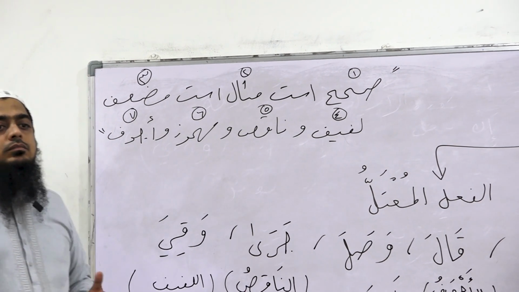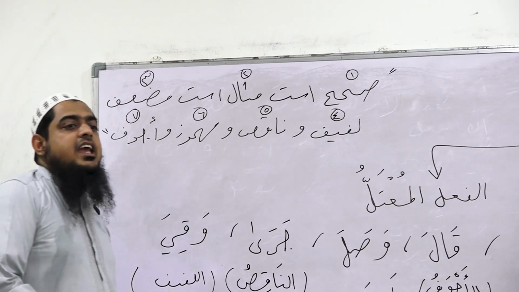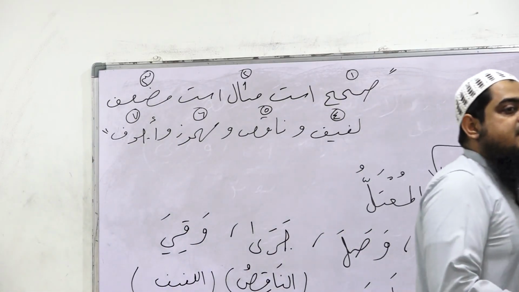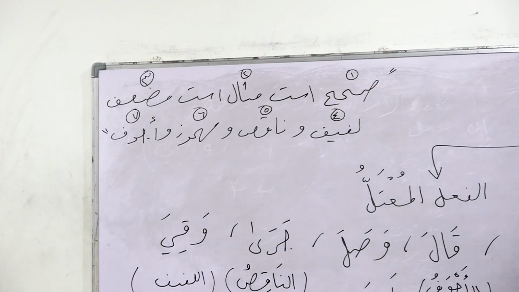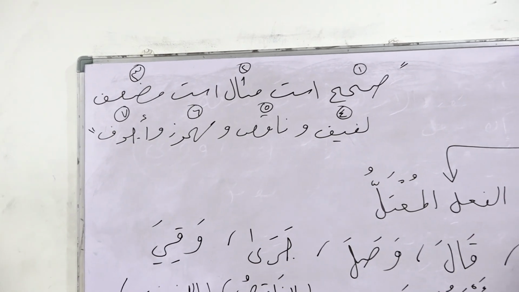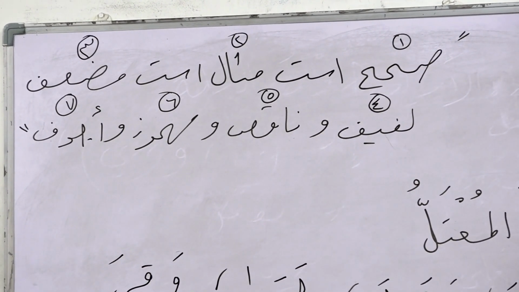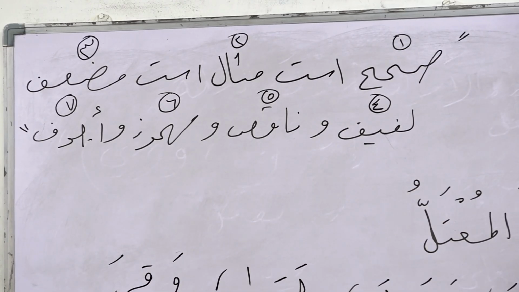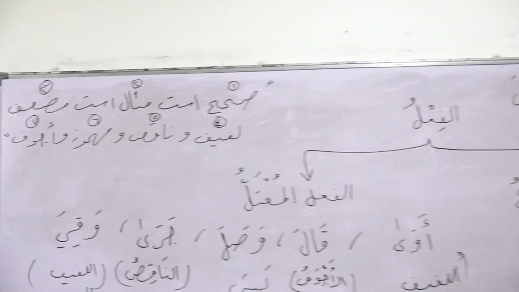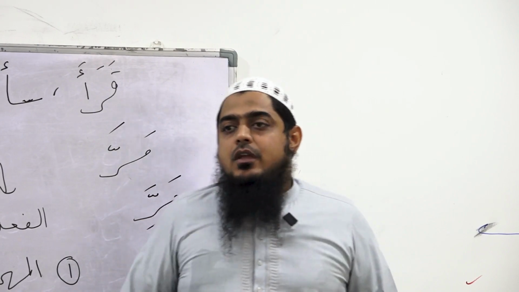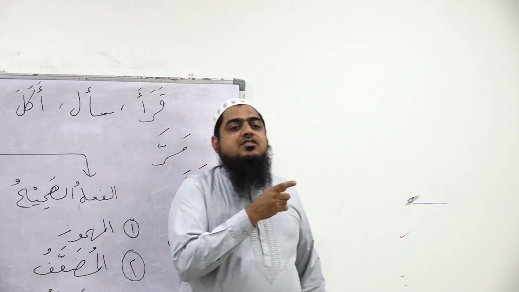Sab'at anwa', seven types. All of you say with me, loudly: Sahih ast, misal ast, mudha'af, lafifo, naqiso, mahmuzo, ajwaf. So this is a kind of Farsi construction.